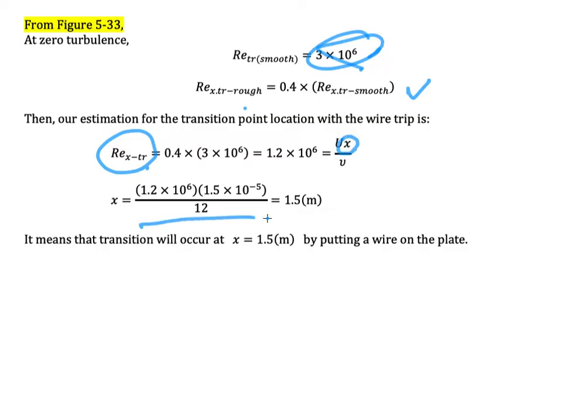The calculation of x here is 1.5 meters. So transition will occur at x equal to 1.5 meters by putting a wire on the plate. In this situation, we could assume that it is an advantage for us to put that wire, because that wire could change the flow into turbulent flow.